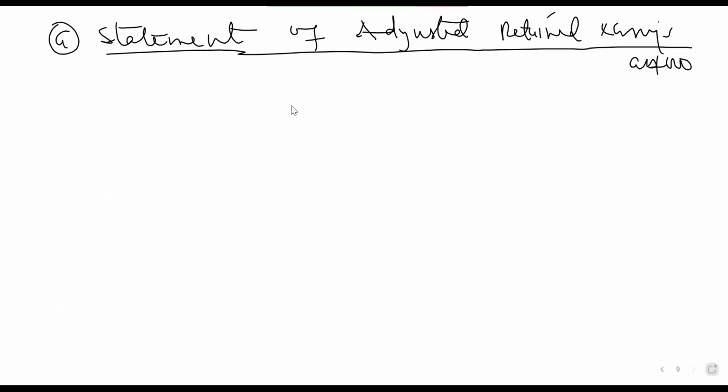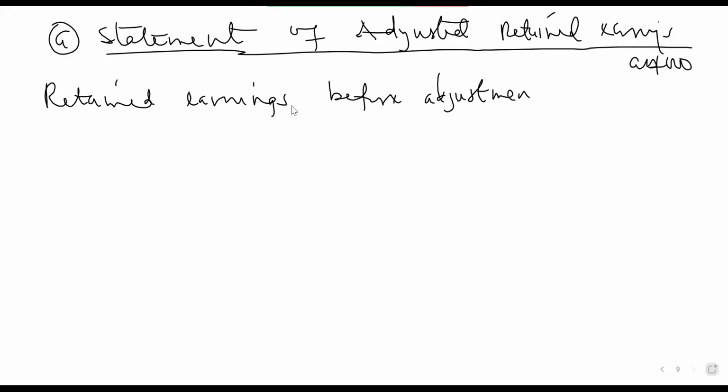So retained earnings before adjustments. What is the figure there?